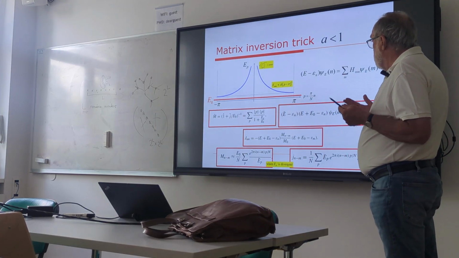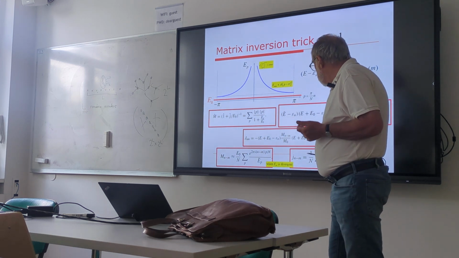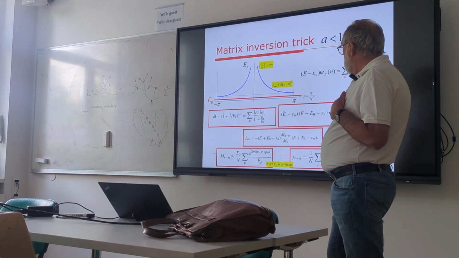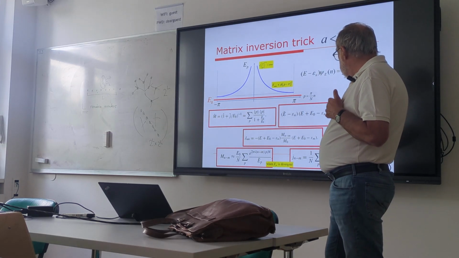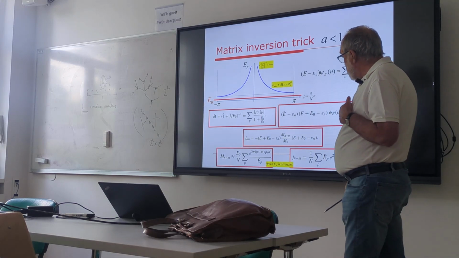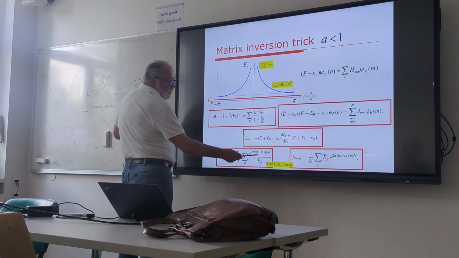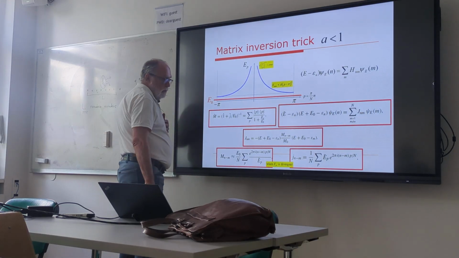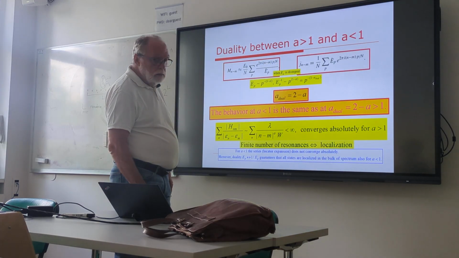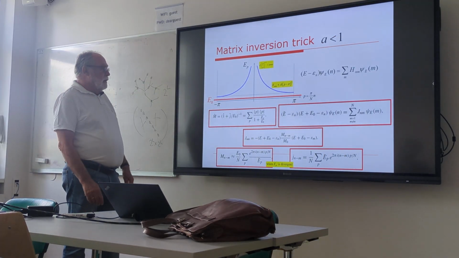So if you have a situation like that, then this duality can be proven, and this means that if you have hopping which is represented in such a way, then the physics is the same if the hopping is represented by 1 over UP. This is the duality.